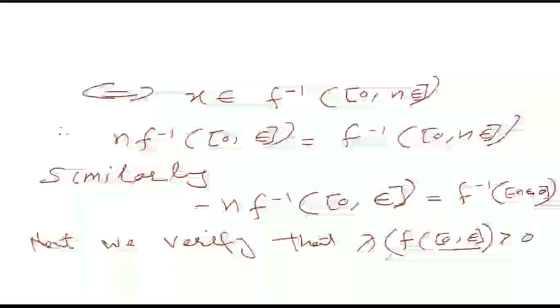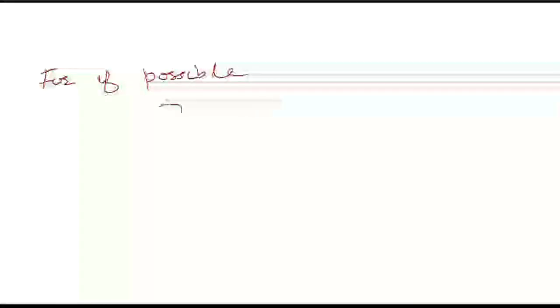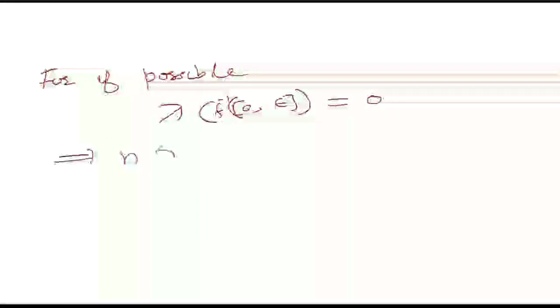For if possible, it's 0. It's either positive or 0, because it cannot be negative. For if possible, the Lebesgue measure of f inverse 0 to epsilon is 0, which implies n times the Lebesgue measure of f inverse 0 to epsilon is 0.